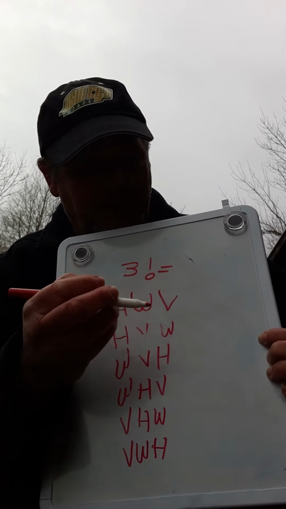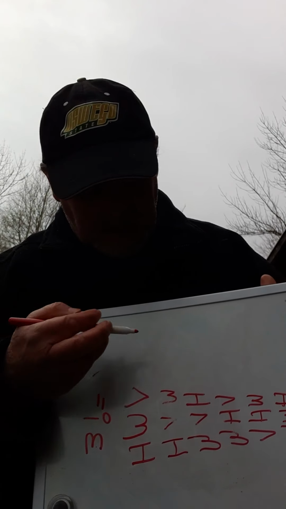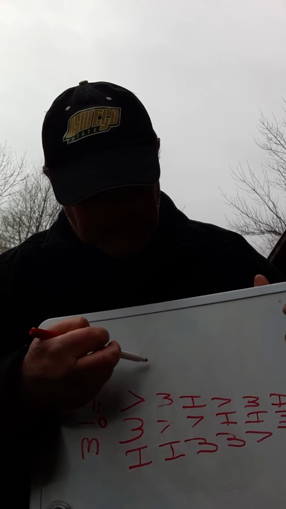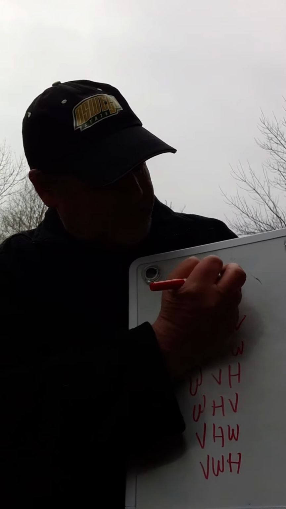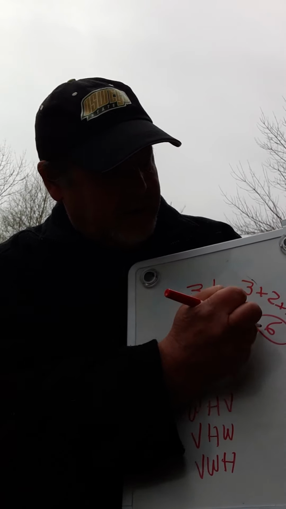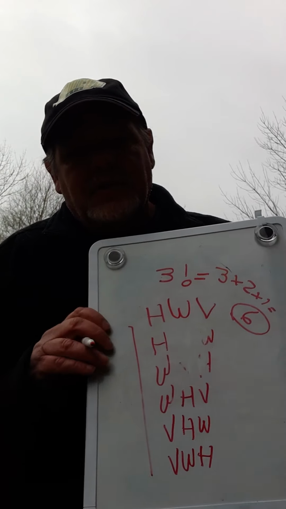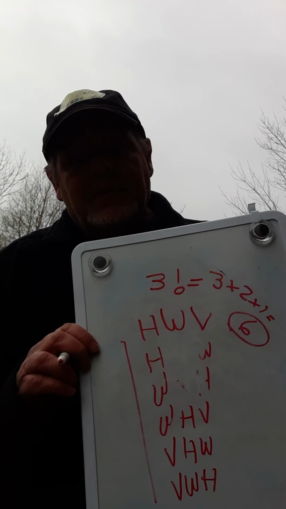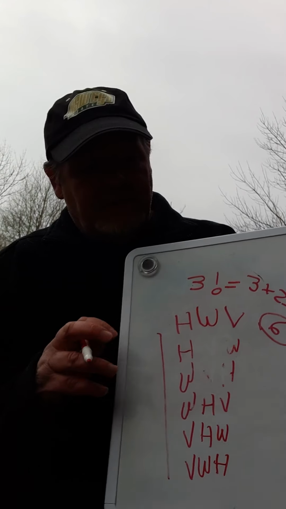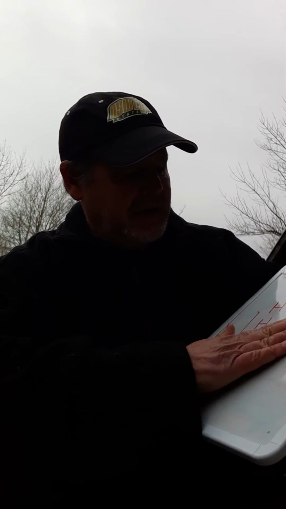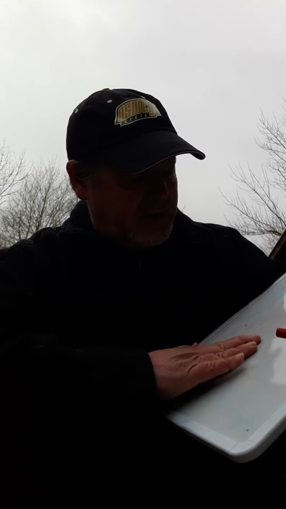So 3 factorial is 3 times 2 times 1, which equals 6 different orders, and that's what we just showed ourselves. Each person gets randomly assigned into one of those 6 different treatment orders.